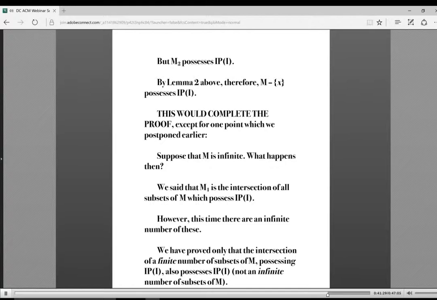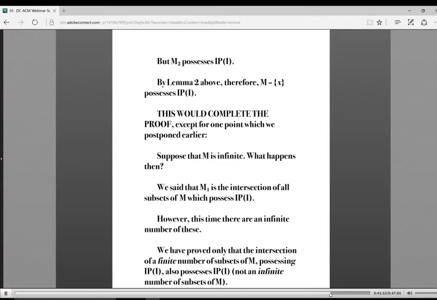This would complete the proof except for one point which we postponed earlier. Suppose that M is infinite. What happens then? Well, we said that M1 is the intersection of all subsets of M which possess the input property. However, this time there are an infinite number of these.